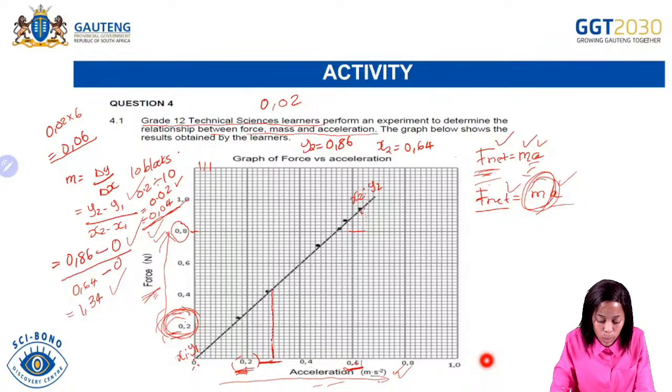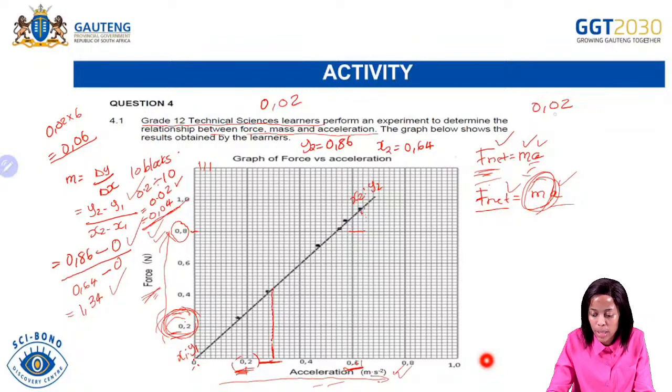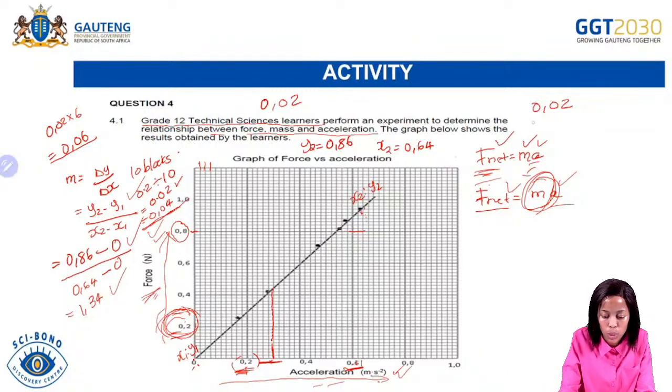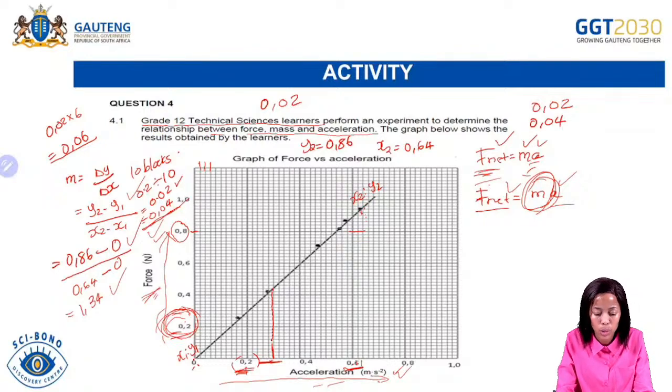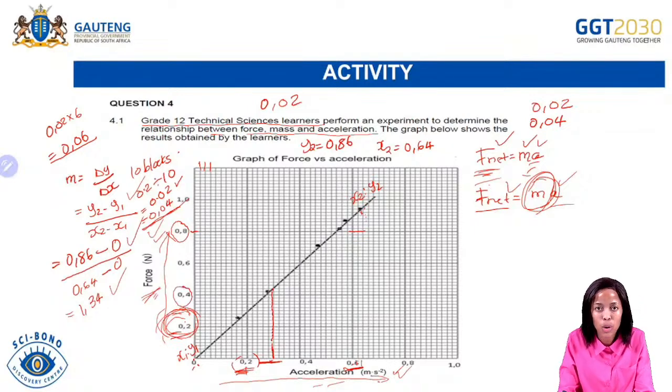So again, we said each block is represented by 0.02. So from there, how many blocks do we have after the 0.4? We can see that to get to this point, we have 2 blocks. So you are then going to say what is your 0.02 multiplied by 2? So we can see that we are getting 0.04. So you want to add this to the 0.4.